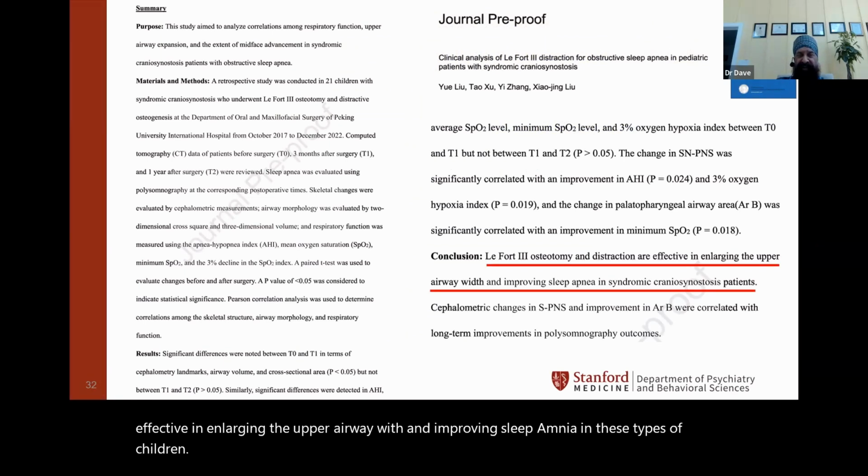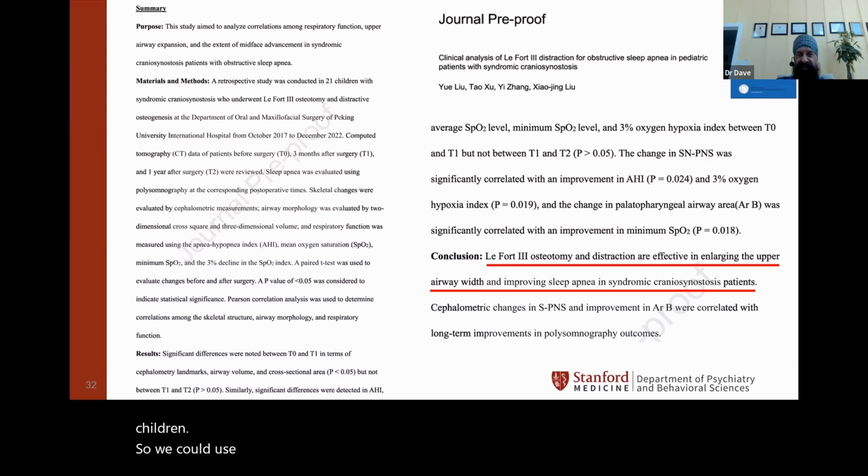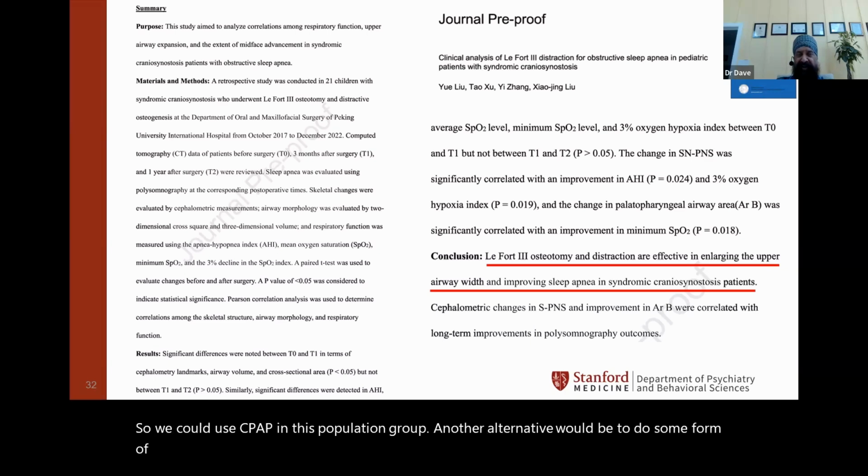So we could use CPAP in this population group. Another alternative would be to do some form of distraction osteogenesis to improve the facial profile, as well as improving the functional aspects of the upper airway during breathing and sleep.